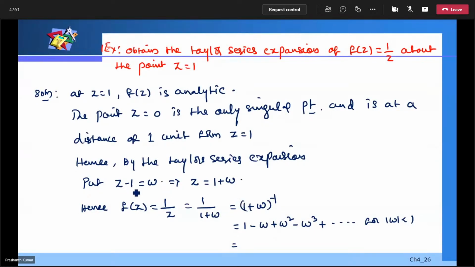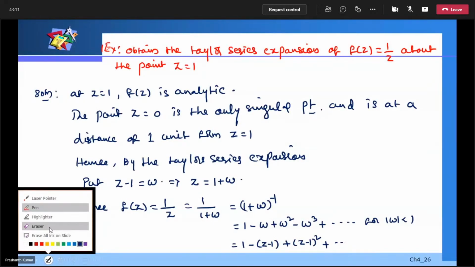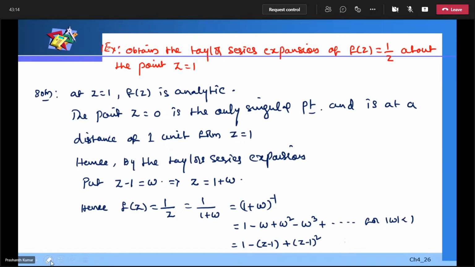Now you substitute w is equal to z minus 1. This is 1 minus (z minus 1) plus (z minus 1) whole square minus (z minus 1) whole cube plus and so on, plus or minus alternate, for mod of z minus 1 less than 1.